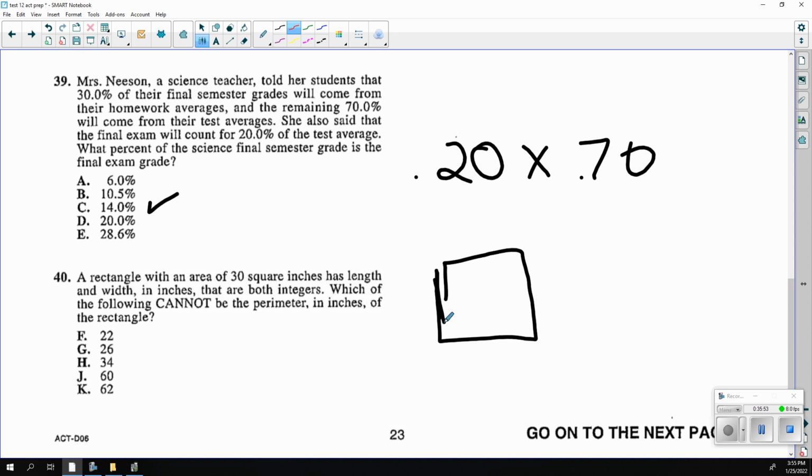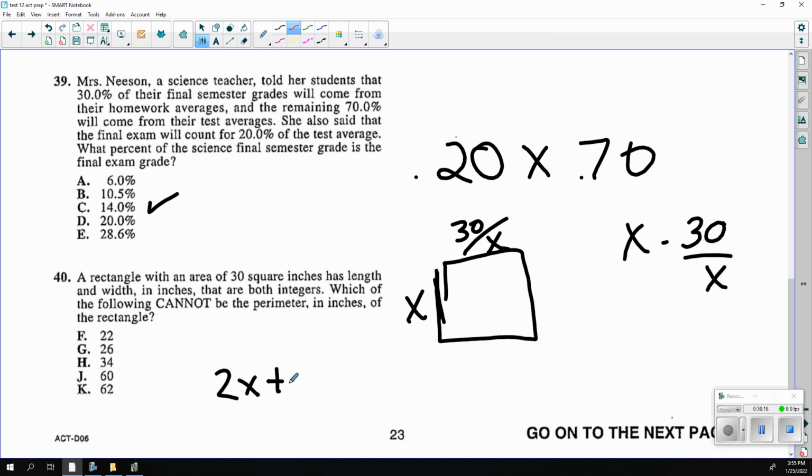The area is 30, so x, and this would be 30 over x, because when I times them, that would be an area of 30. And the perimeter, I guess, you'd have to add them, huh? So it'd be 2x plus 60 over x would be a perimeter.